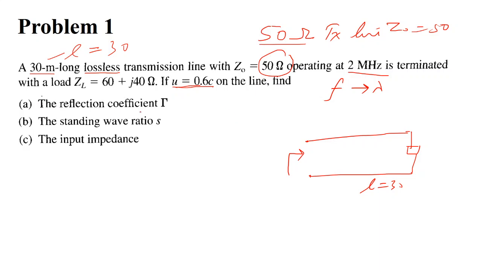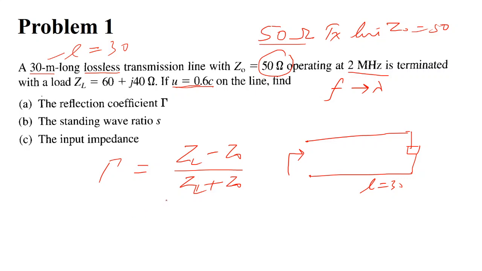The reflection coefficient: you can first directly use the formula, and then you can also use a Smith chart, so you have to use it both ways. The reflection coefficient you can find using the formula, which is ZL minus Z naught over ZL plus Z naught.